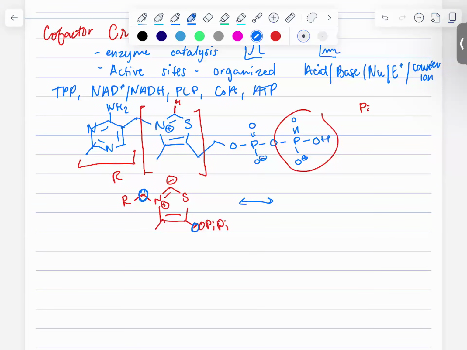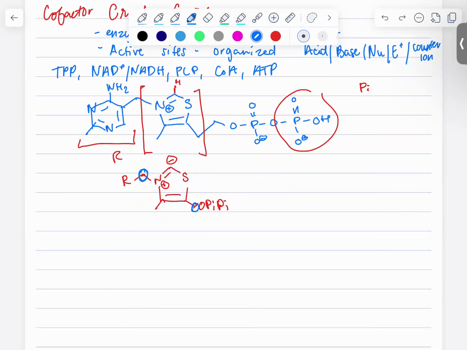With our resonance forms, actually, I'll get to that later. Does anyone know what kind of reactions TPP is most known for? So what you guys should most associate TPP with is the decarboxylation of alpha keto acids.